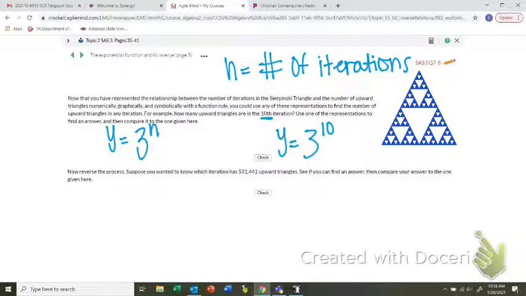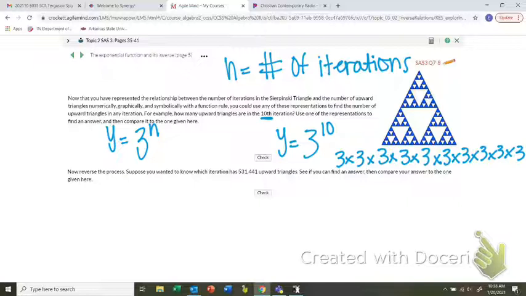So that would be 3 times 3 times 3 times 3 times 3 times 3 times 3 times 3 times 3 and times 3, 10 times.